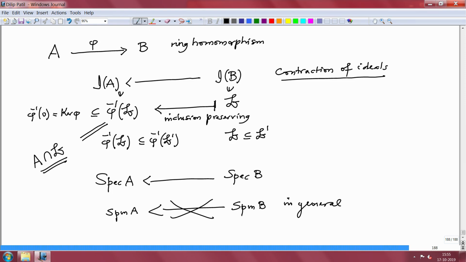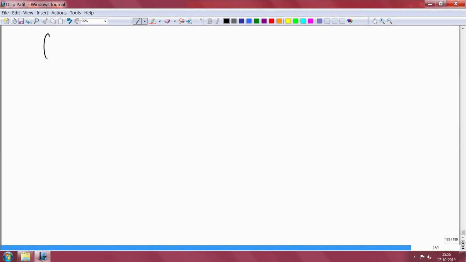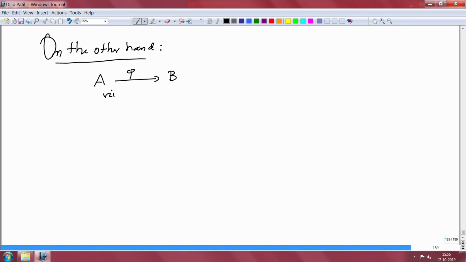If you have an ideal in A, can you push the ideal to B? So, on the other hand, if I have a ring homomorphism phi from A to B, then I want to define a map from the ideals of A to the ideals of B. So, given any ideal A, what can I do?